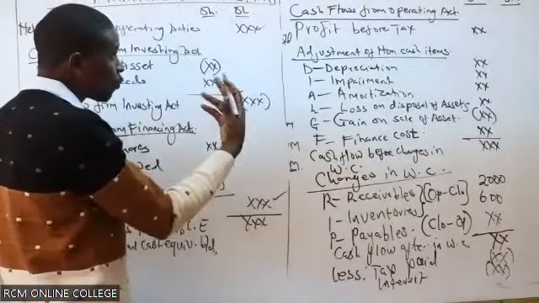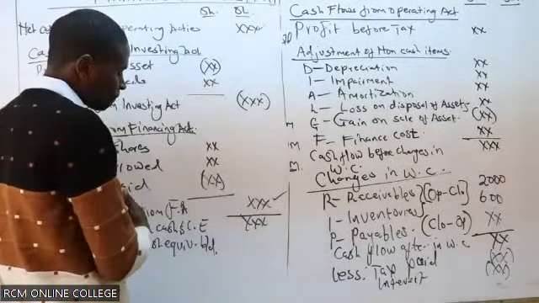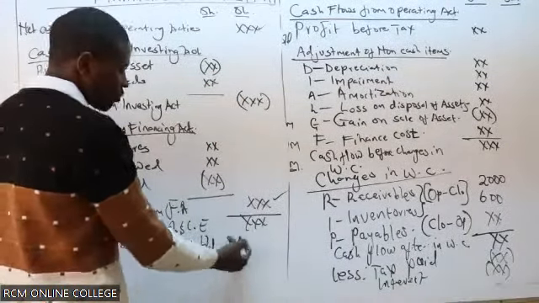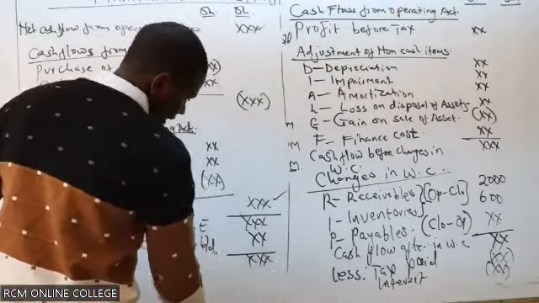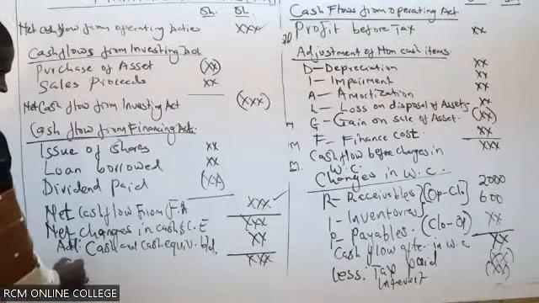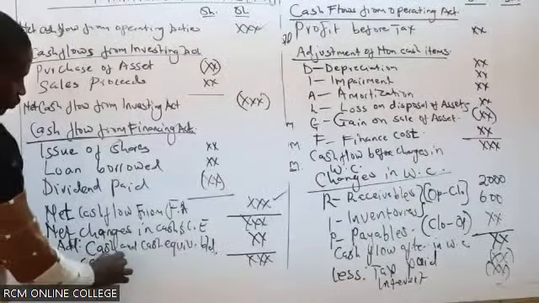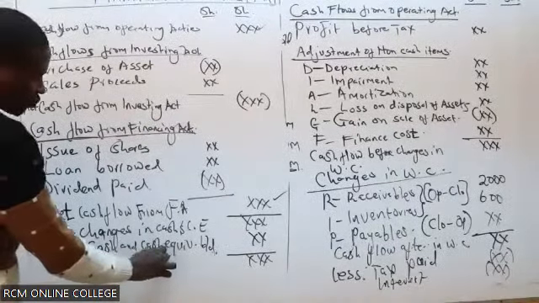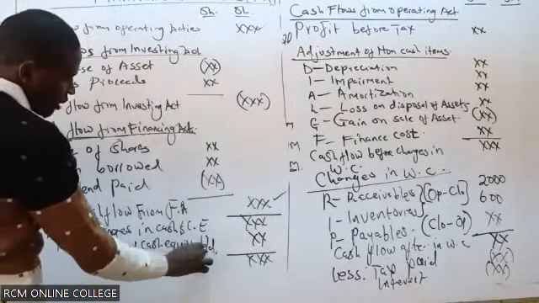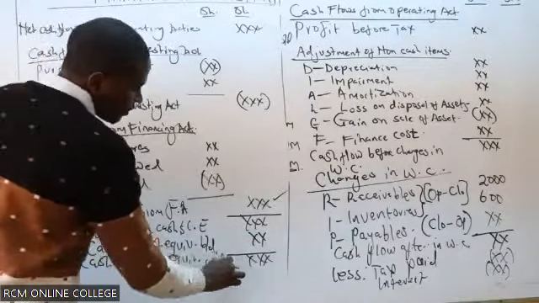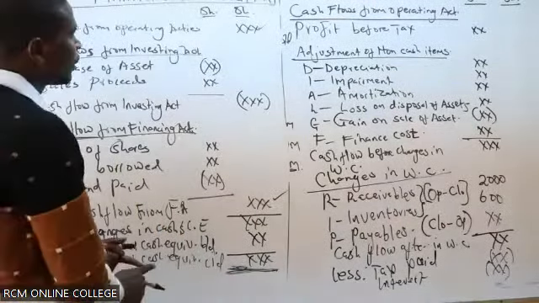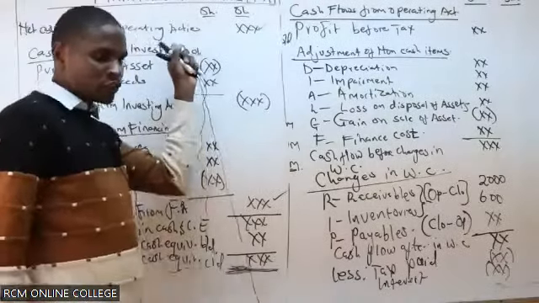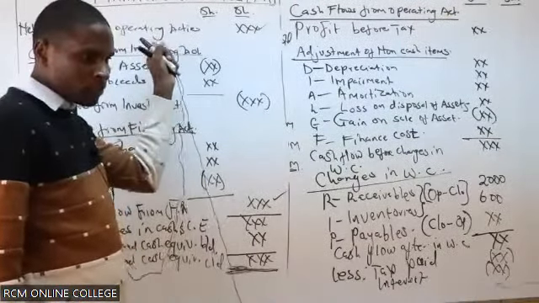It is in our year 2020 brought down, you add there. What we get as the result here, class, is cash and cash equivalent carried down. And this one should match with the cash in the closing.